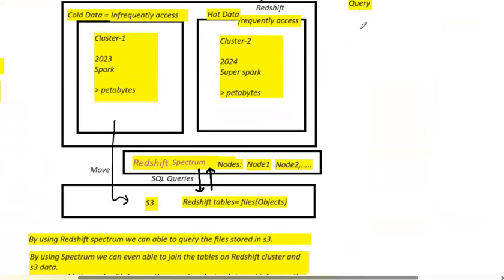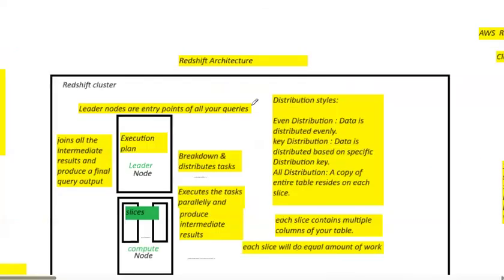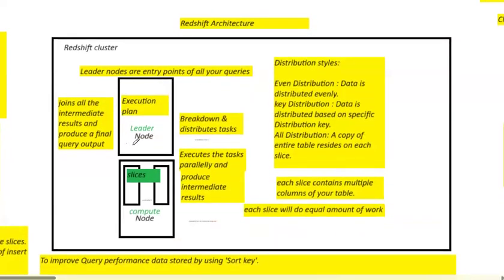So let's say your user queried regarding Super Spark. Then what happens? Your query first reaches Redshift. Under the main cluster you have the data, right? So same as previously, since your data is present under the main cluster, your leader node will create the execution plan, the breakdown happens, and tasks are distributed among your compute nodes.